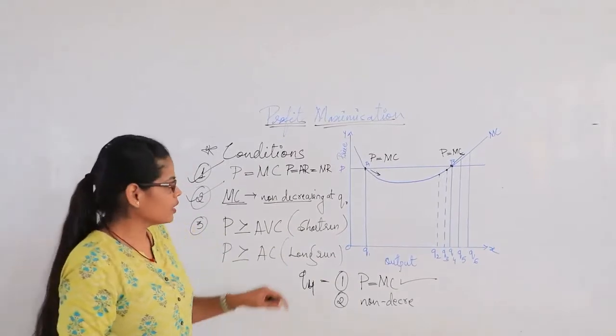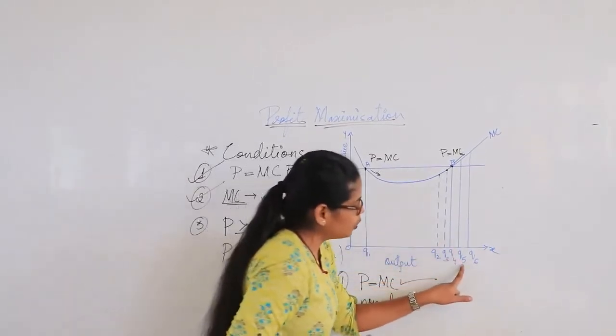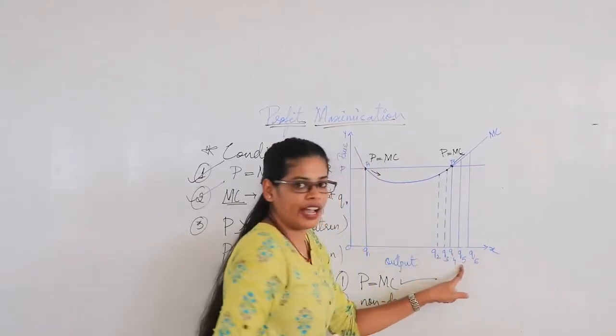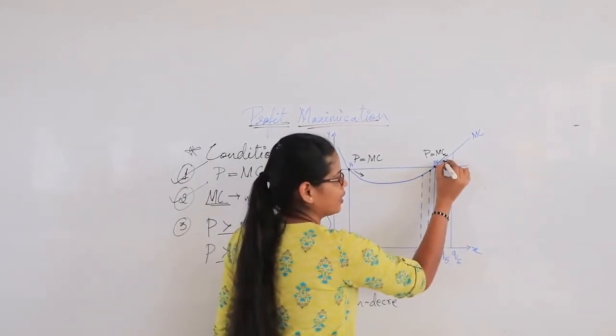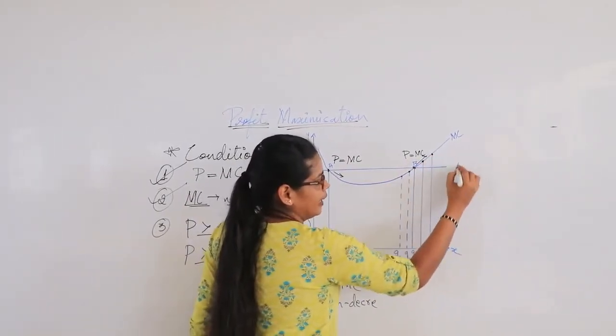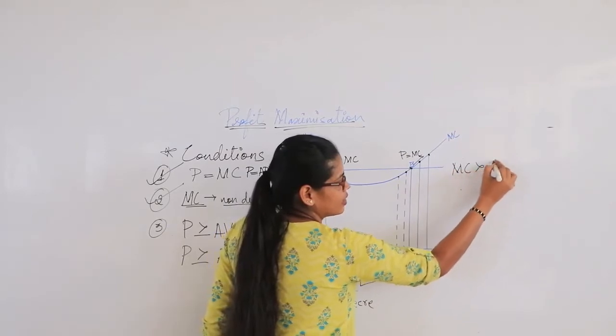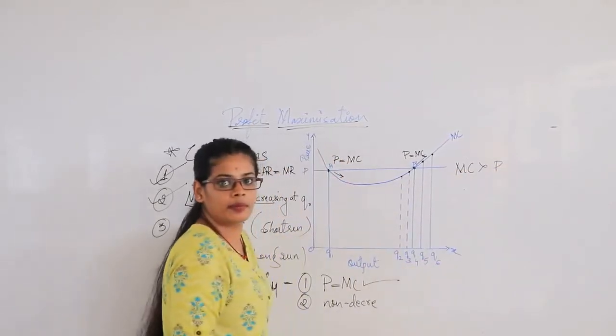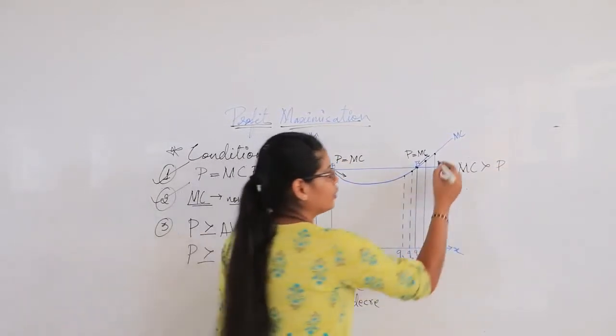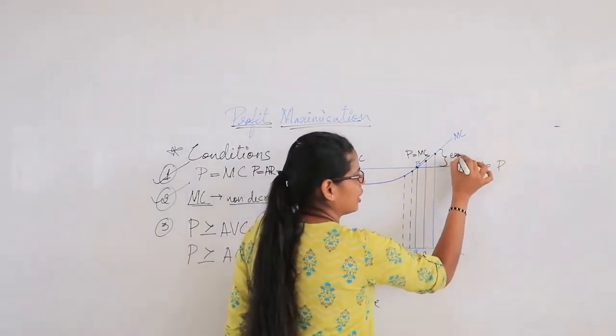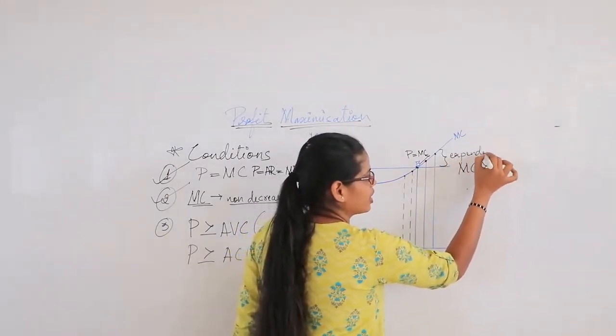If you move towards Q5 and Q6, you can see that MC is greater than the price. This is the expenditure area, wherein you are making more expenditure.